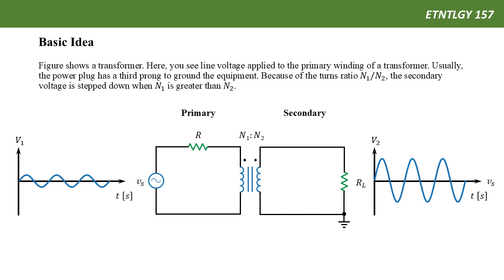For example, if the primary side inductor has 300 turns of wires or loops, and then the secondary side has 1,000 turns of loops of those wires. So the ratio is 300 to 1,000, or we can say it is 3 to 10.